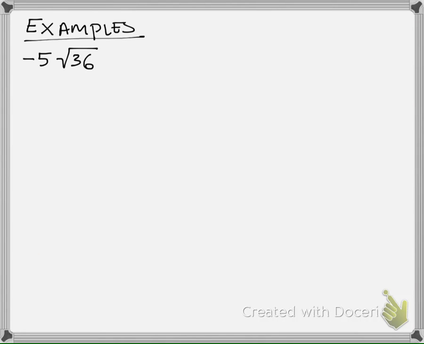Okay, let's look at this one. Here we're given negative 5 times the square root of 36. In this case, the negative 5 times the square root of 36, we said before, is the 6. So negative 5 times 6 is negative 30. Okay? Here's another example.